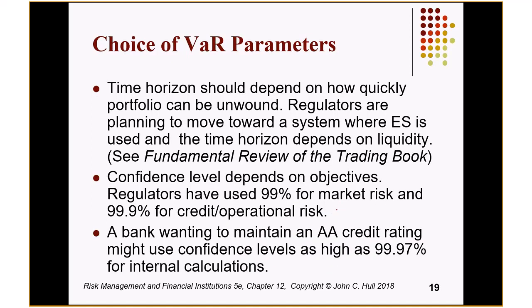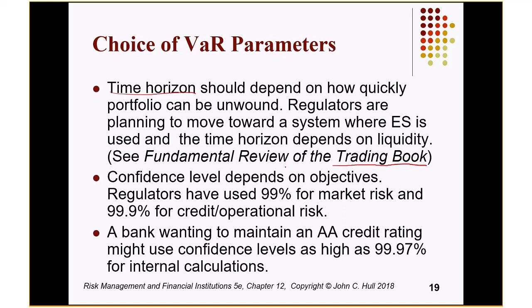When we use VaR to do calculations, you need to choose a confidence interval and the time horizon, right? And historically, the trading book, so banks have 2 books. One is the trading book, the other is the banking book. Okay.